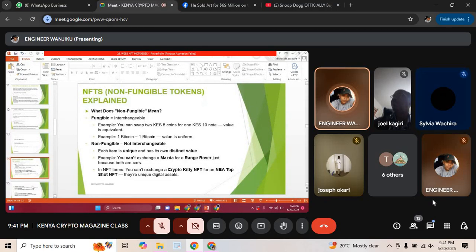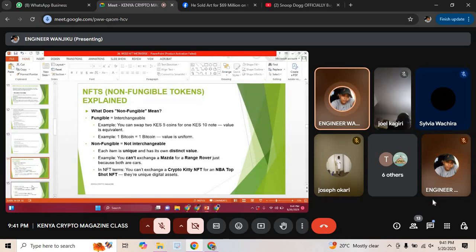NFT in full stands for non-fungible token. So what does non-fungible mean? For us to understand what non-fungible means, we have to understand what fungible means. Fungible means interchangeable. Example, you can easily swap 5 Kenya shilling coins for 1 10 shilling Kenya coin, because the value is equivalent.